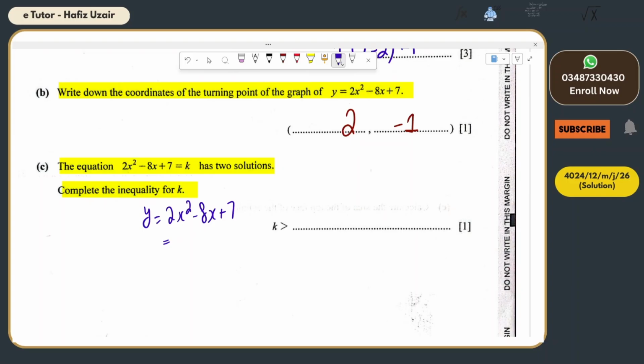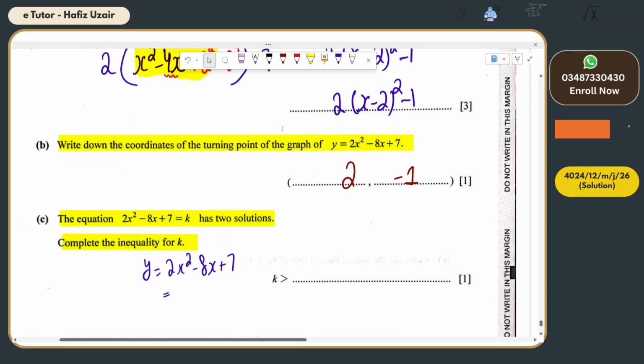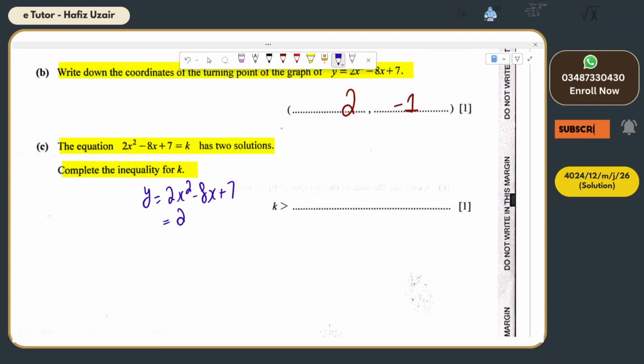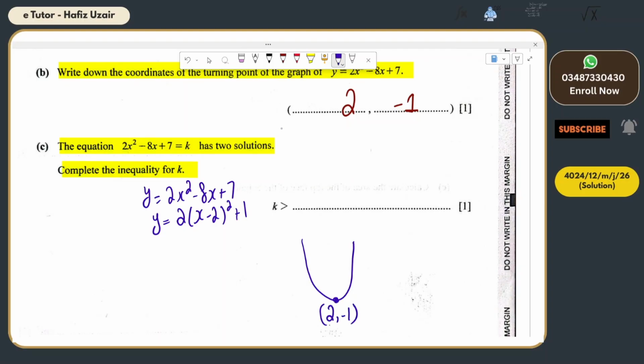We already did that 2x square minus 8x plus 7 is equal to 2 bracket x minus 2 whole square minus 1. Now if we draw the quadratic curve over here, this is the turning point 2 comma minus 1. Now this same function over here is equal to k, so we can say y is equal to k.